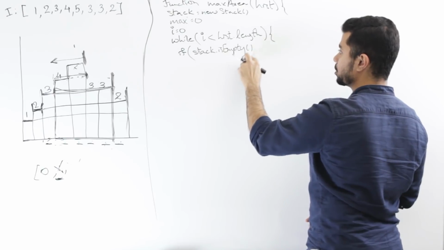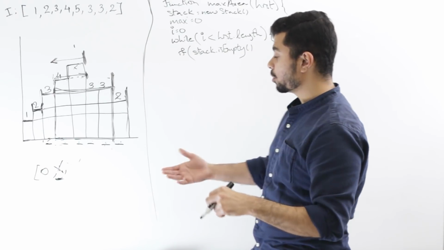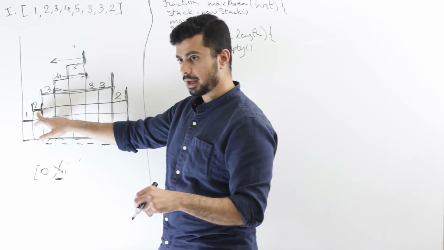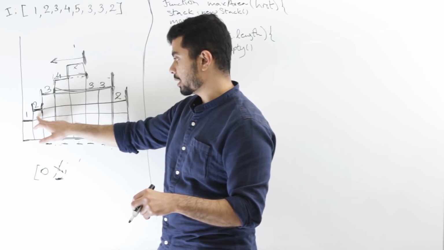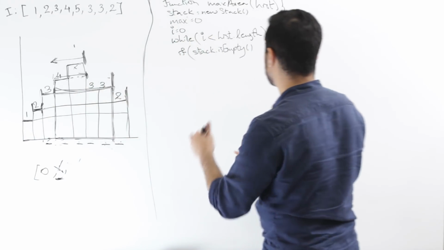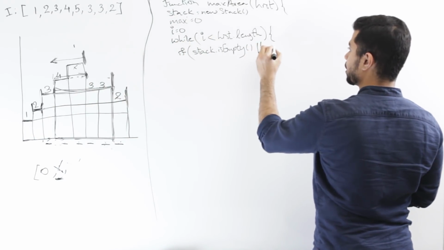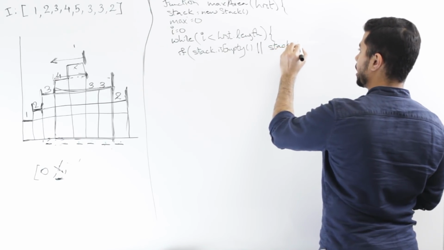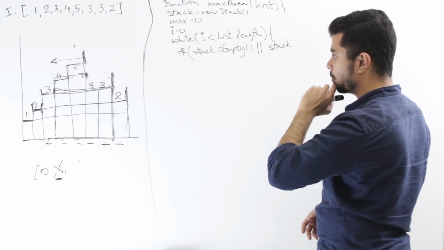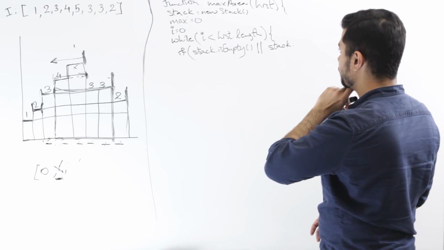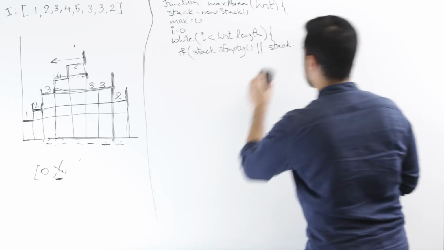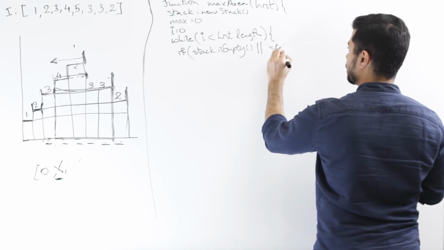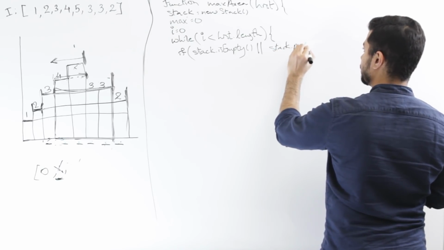So is there any other condition when we would push it? We would also push the index when it is greater than whatever was indexed before it, right? So I would say, or if stack dot peek, right?